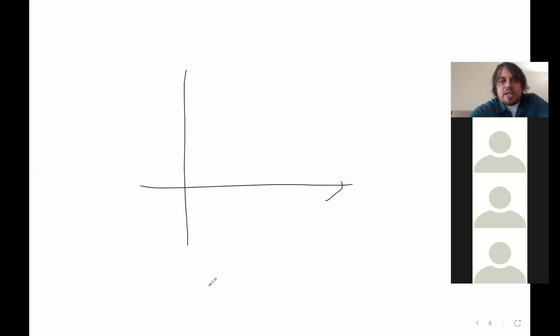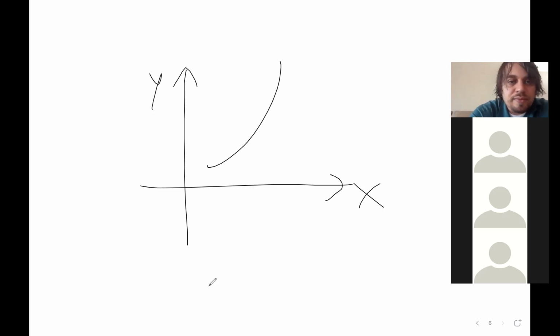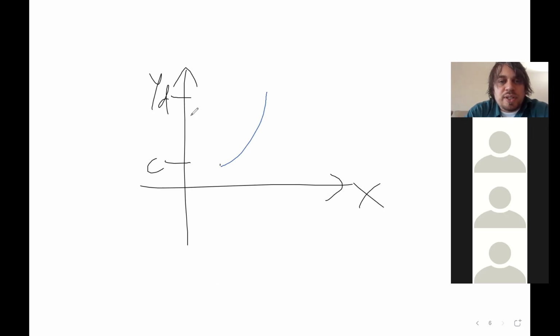Instead, let's say you have a curve defined by y. Let's say you have a curve defined like this, where you're going from y equals c to y equals d. Okay, so let's say you have a curve defined from y equals c to y equals d, and this curve is x equals g of y.